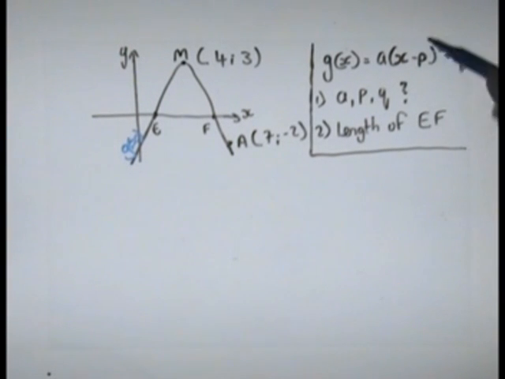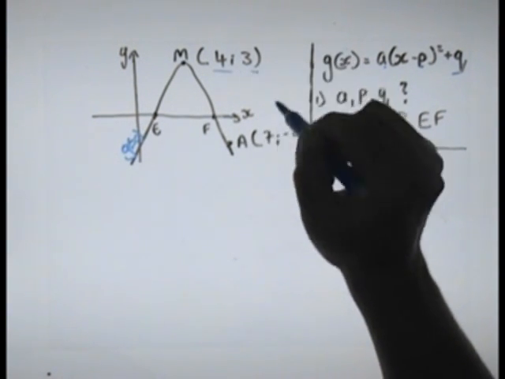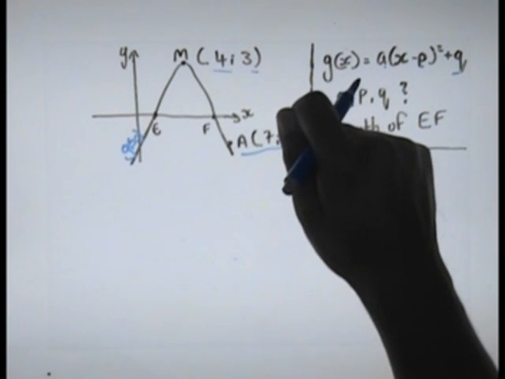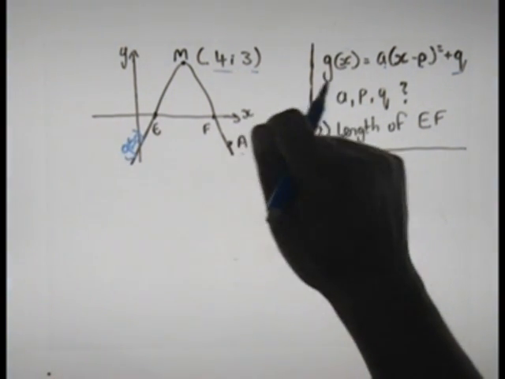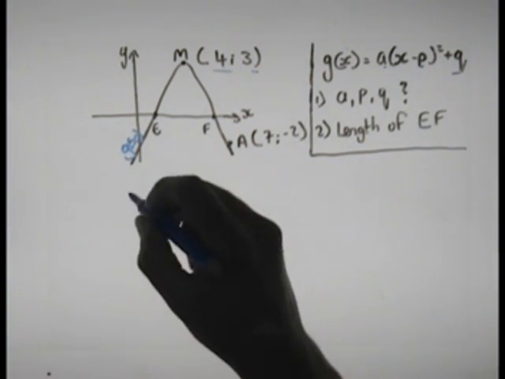The first question I ask is determine the a, p and q values. I have my turning point M, which is the point 4 and 3. I've also got another point A, which has the coordinates 7 and negative 2. Let us look at how we get to the equation.